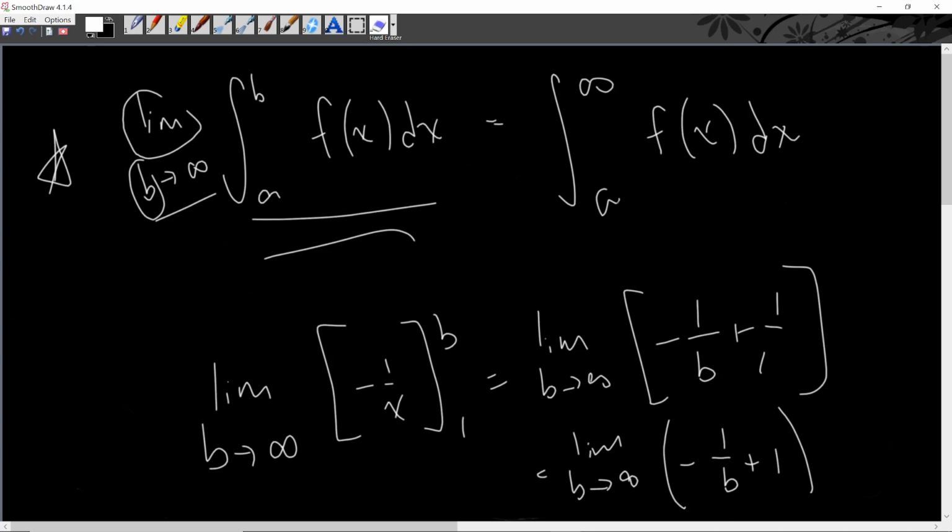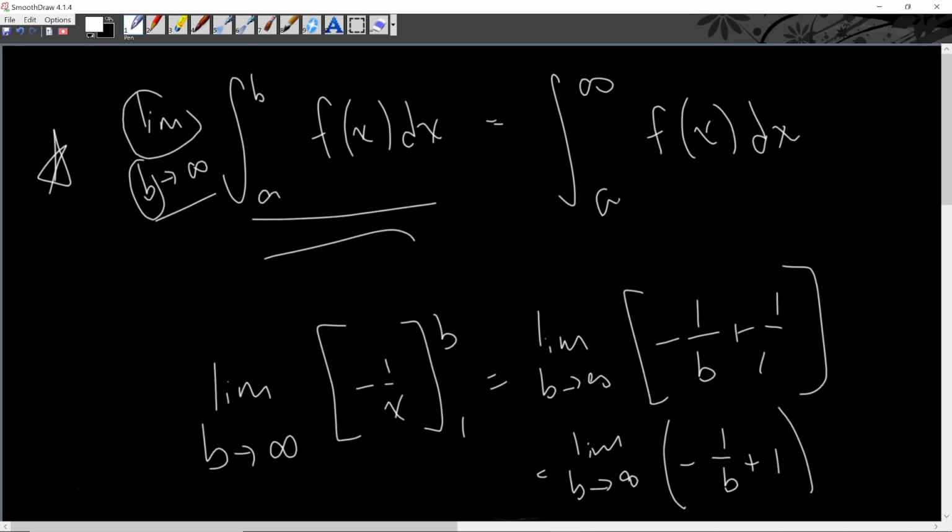So as the limit of negative 1 over b plus 1 where b approaches infinity, we'd have negative 1 over infinity plus 1 if we were to plug in infinity for b, but that's not going to work. When we think of negative 1 over b, we're going to have a very, very large number under 1.